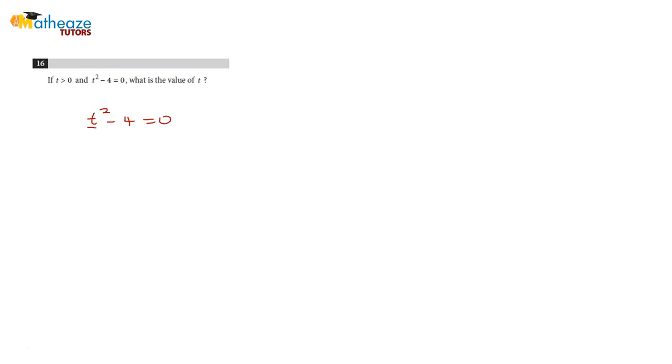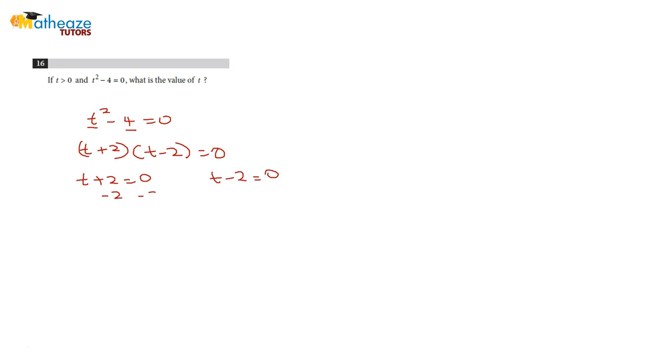So we have a perfect square for t squared and a perfect square for 4. So that's going to be (t plus 2)(t minus 2) equals 0. So t plus 2 equals 0, and the other value is t minus 2 equals 0.